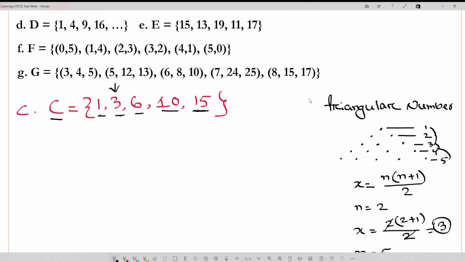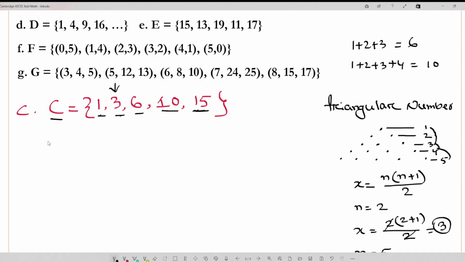It means you can sum the numbers and you will get the next one. Suppose 1 plus 2 plus 3, it will become 6. Similarly, 1 plus 2 plus 3 plus 4, you will get 10.